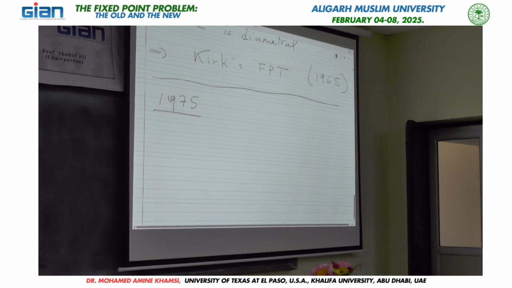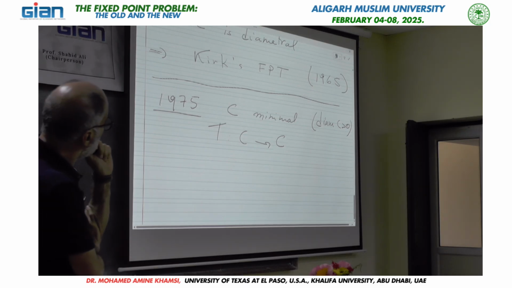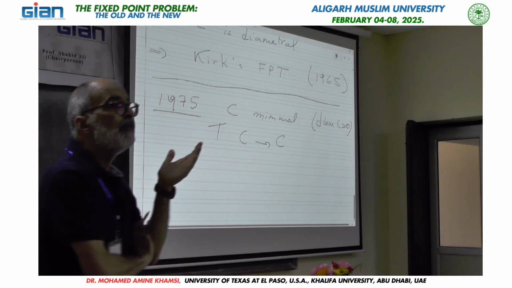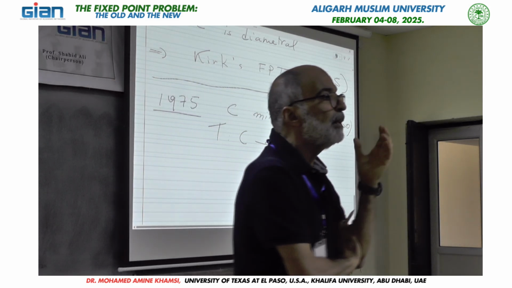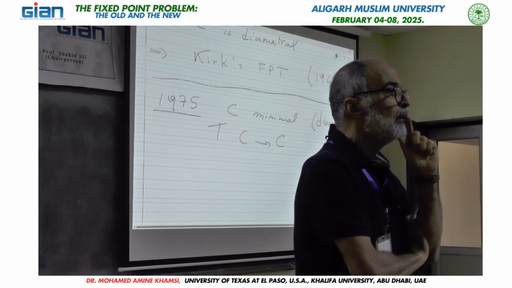People tried. Is there any other property of the minimal set? So we have C minimal, with diam of C greater than 0, meaning more than one point. C is convex, closed, bounded, because it's weakly compact. What did we prove when we started fixed point property in Banach spaces?